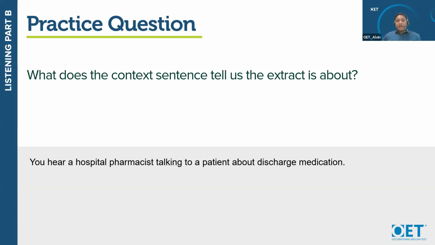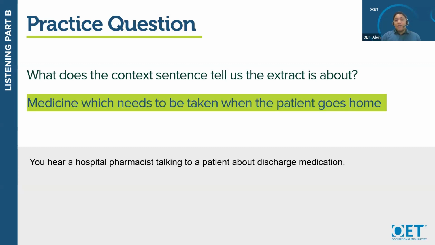Again, we are asking, what does the context sentence below tell us the extract is about? The context sentence is, you hear a hospital pharmacist talking to a patient about discharge medication. Five more seconds. Time's up. So the answer here is medicine which needs to be taken when the patient goes home. I would like to highlight some clue words here, okay?